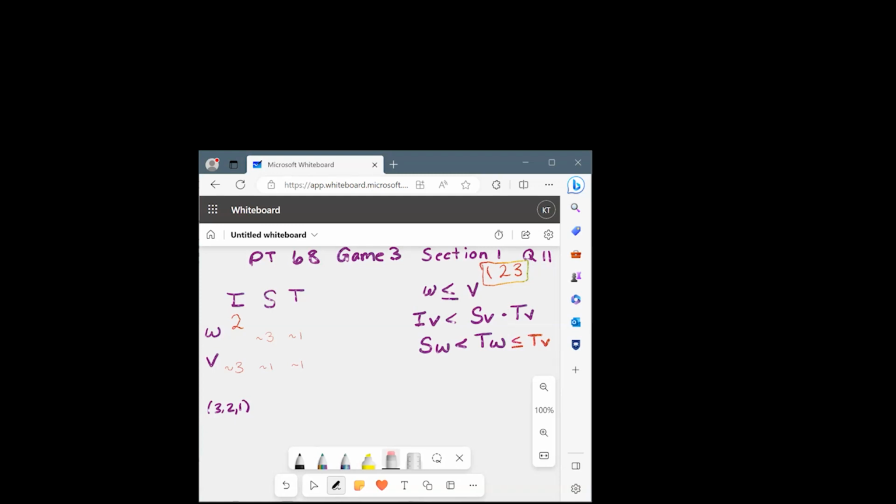Yeah. Okay. And then we know that IW has to be less than or equal to IV, right? So IV certainly can't be 1. And it can't be 3 because we deduced that a while ago. So it has to be 2.